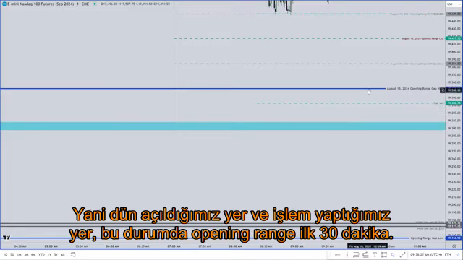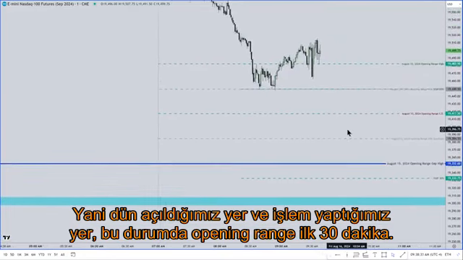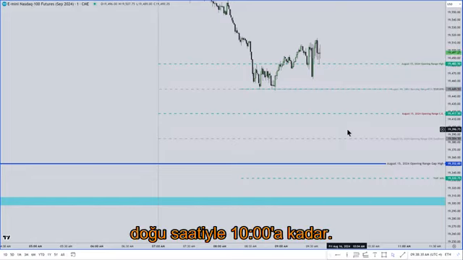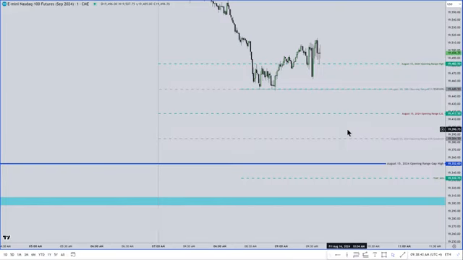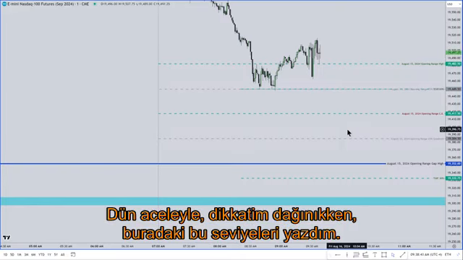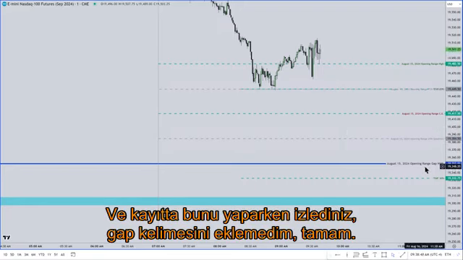So where we opened yesterday and where we traded to, in this case, the opening range is the first 30 minutes. That's 9:30 a.m. Eastern Time to 10 a.m. Eastern Time. In my haste yesterday, in my distraction, I typed out these levels here, and you watched me do that in the recording. I did not include the word gap.